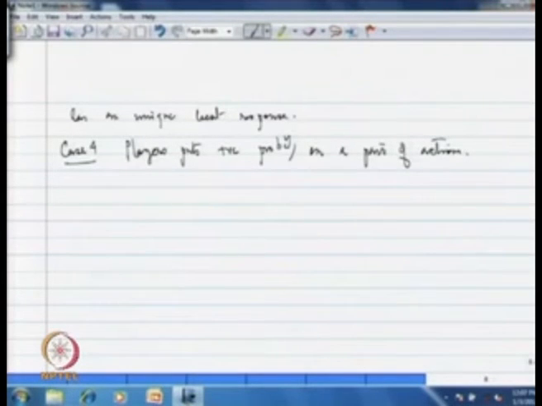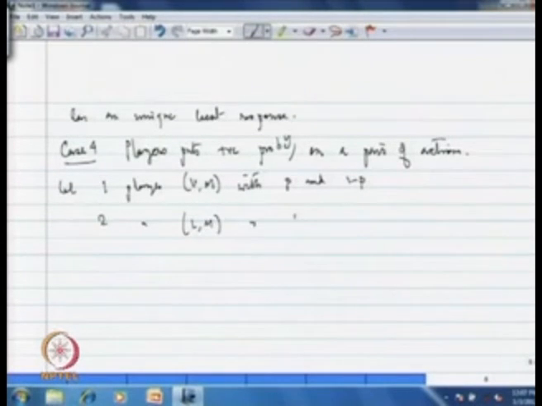Now, let one place u m with p and 1 minus p, and two place, let us say, L and M with q and 1 minus q.